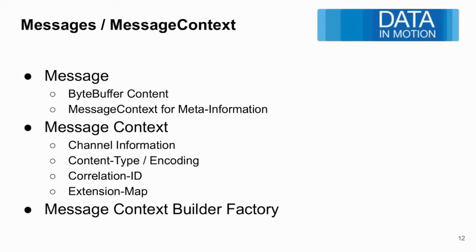So usually, if a user publishes a message, this context information can be provided using the message context builder. So they are provided by the user. When you subscribe on a channel, then the message context is created by the implementation based on the event or message properties from the underlying implementation.